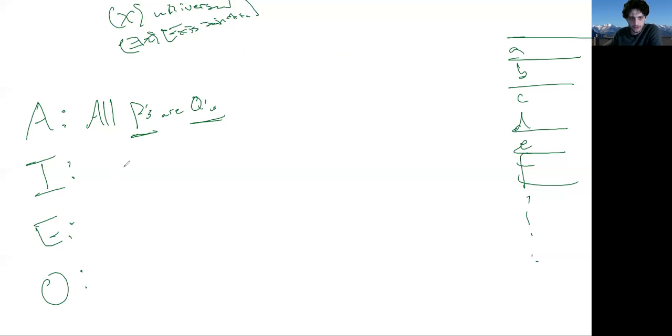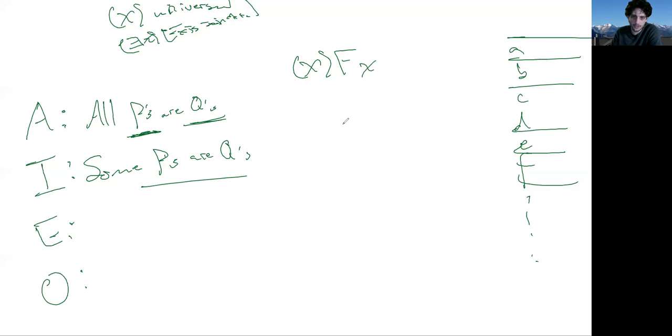Okay, so we have all P's are Q's. We could have some P's are Q's. Notice this isn't the same as before. This isn't saying everybody's a P and a Q, or even everybody's just a P. This is just talking about if you're a P, then you've got to be a Q. And similarly down here, we're not just going to say there exists an x such that Px, and there exists an x such that Qx.